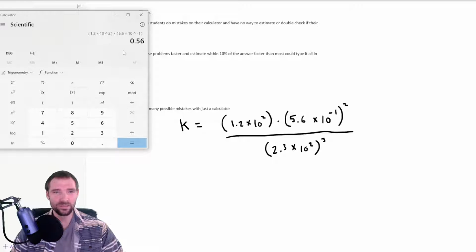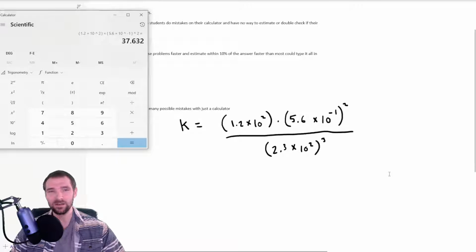Right? There are all these places this could go wrong. If you forget one of these parentheses, that can mess things up. Also keep in mind that this whole thing is up to the second power, so if you forget to put that 2 on there, that's going to throw things off, right?